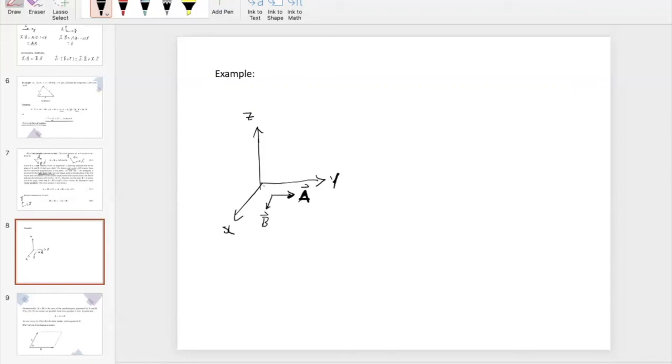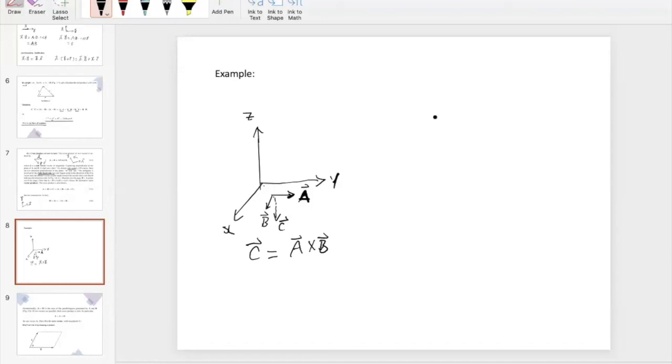Then a cross b will result in a vector in the z direction, either positive or negative. Based on the right-hand rule, let's use our right hand first. Make the four fingers point to A and then curl the fingers into B. And you will notice that your A cross B, let's say it's C, will be going down in the opposite direction of Z. This is one example.